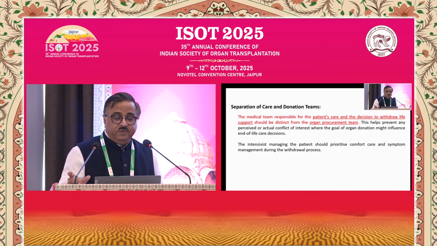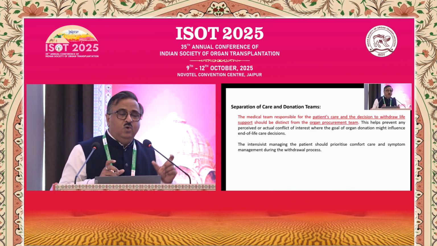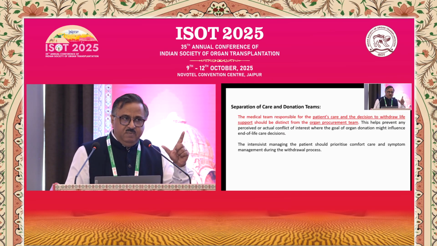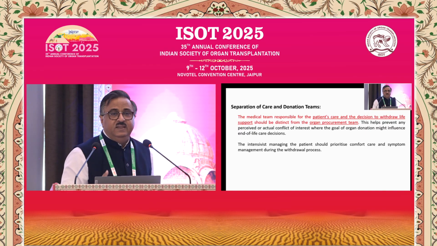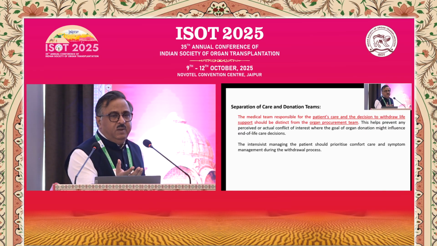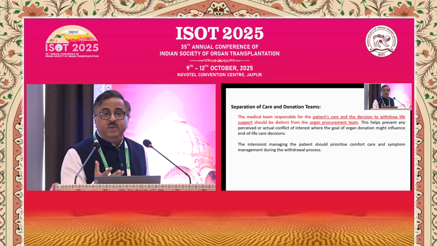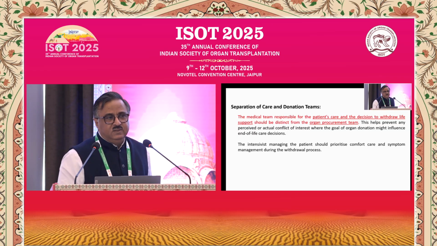Then separation of care and donation team. Now, here the patient party may think that suppose the organ retrieval team comes and they try to convince the patient's family member. Then the family member may think, oh, this doctor has got vested interest in doing transplantation.